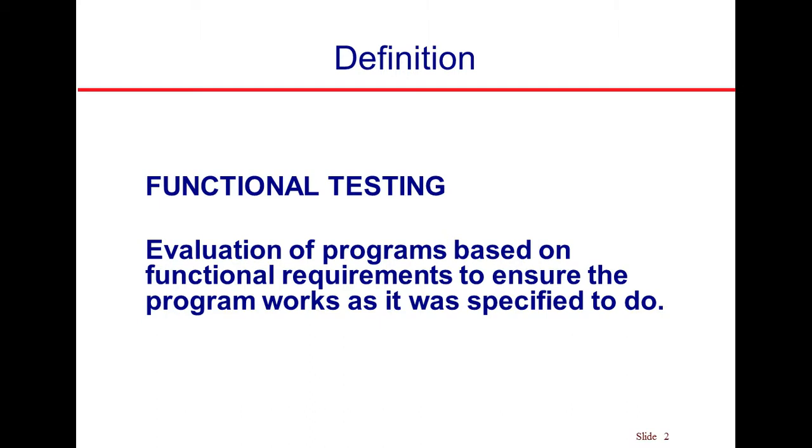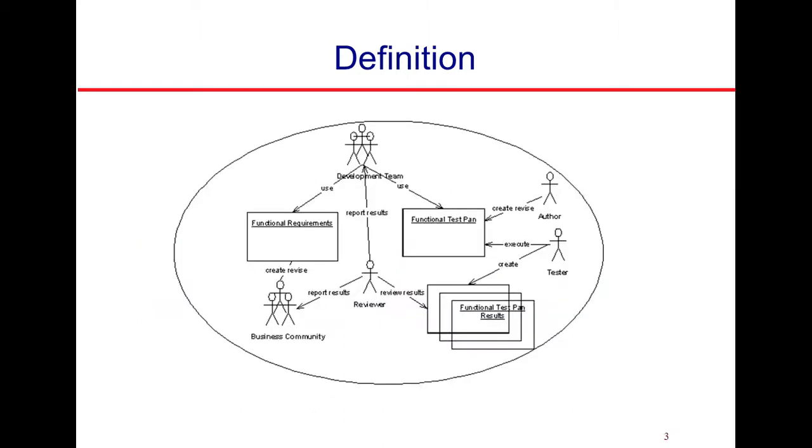So you see in this diagram, this is a development team, and these are the functional requirements, functional test plans, and these are the report status. Here the author will create and revise, and the tester, author and tester are here.